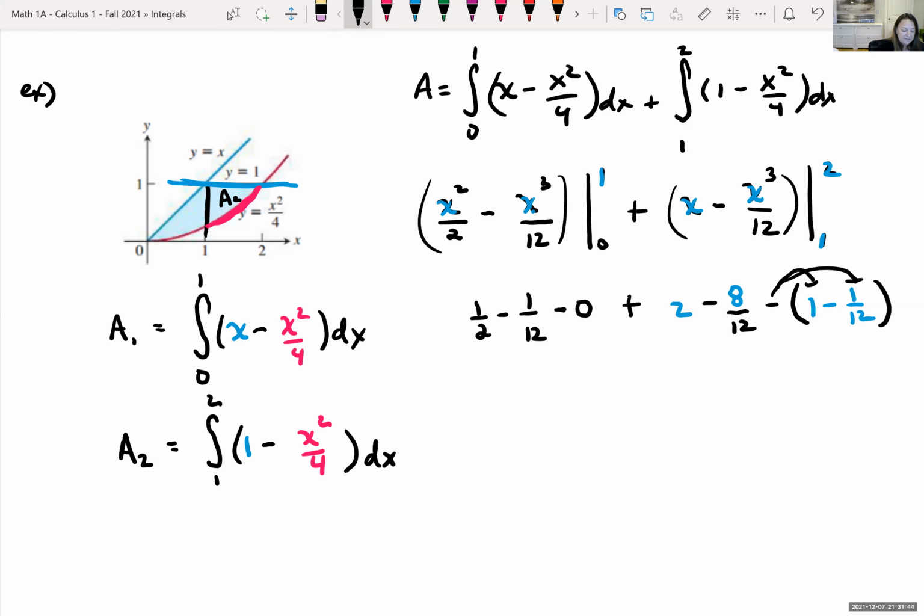So this 1/2 is the same thing as 6/12, minus 1/12, plus 2, getting a denominator of 12, is 24 twelfths, minus 8 twelfths, minus, distributing that negative, we have minus 1, which is the same thing as 12 twelfths. And distributing the negative here, we have plus 1/12.